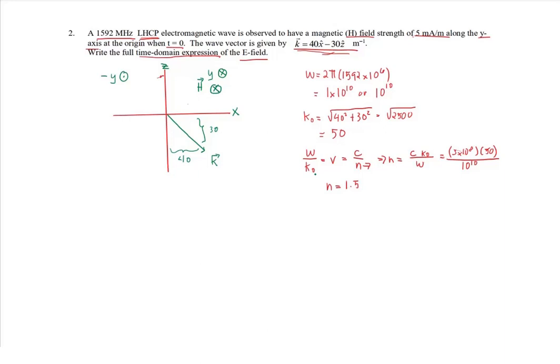So with that, we could write down that our H is going into the page as well. Now we could use our right hand rule to determine which quadrant the E field, or E1, is going to fall into.